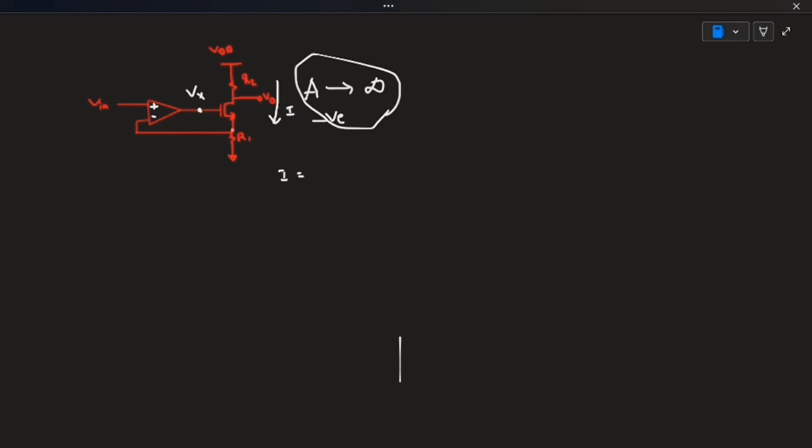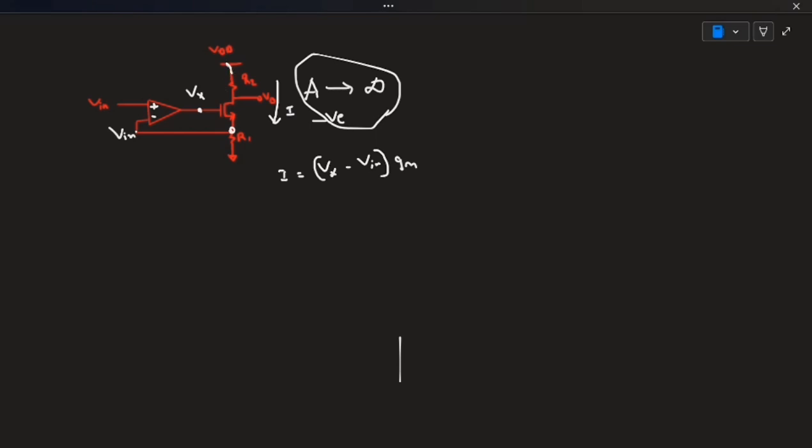Vgs means Vg minus S. G is Vx, and since the gain is infinite, the virtual short concept applies here and S becomes Vn. So it will be Vn. This is Vgs into Gm. Gm is common.